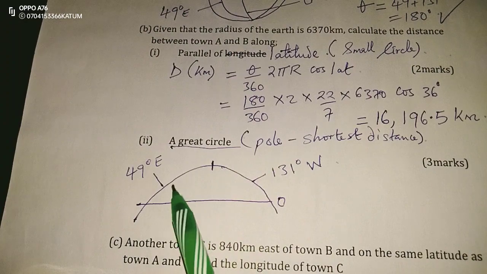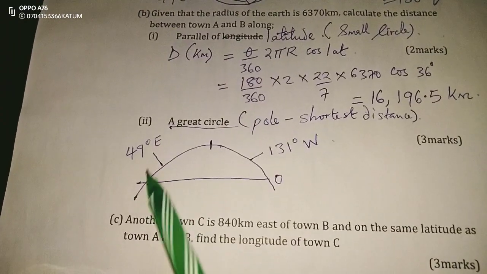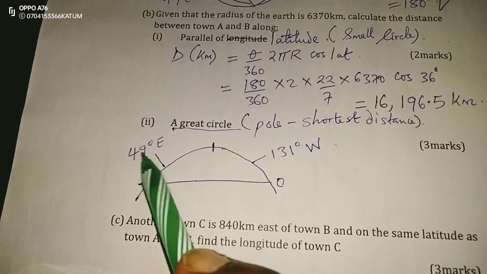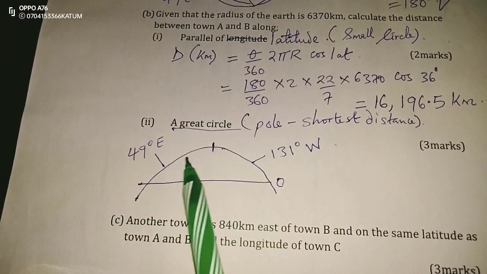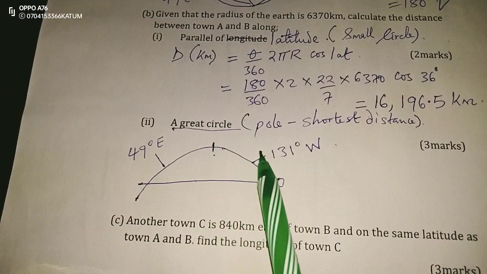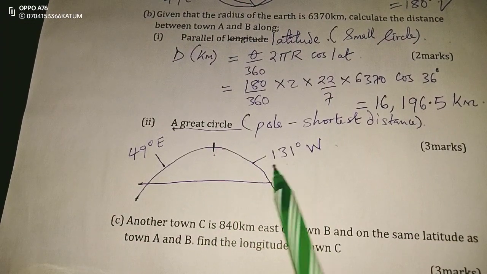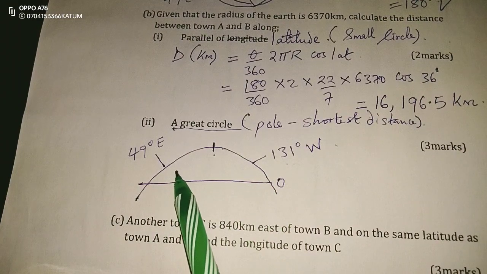Moving from a point on longitude 49 east, if we continue after passing the pole through the same line, through the other longitude, which is supplementary to this one, and any other longitude applies the same.